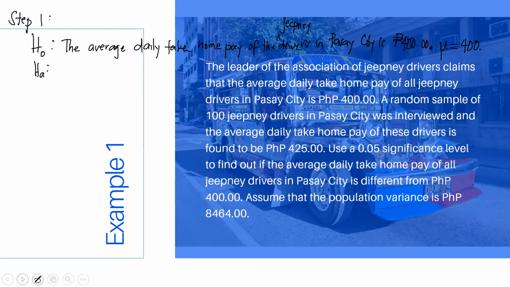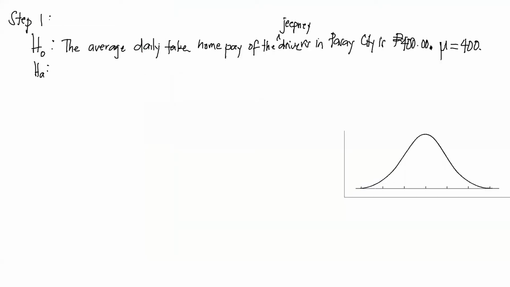So that would become our alternative hypothesis, wherein the alternative hypothesis would be the average daily take-home pay of all the jeepney drivers in Pasay City is not equal to 400 pesos. So when we write that in mathematical form, we will have mu is not equal to 400.